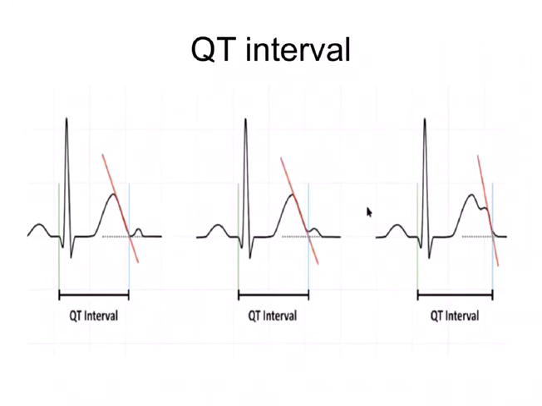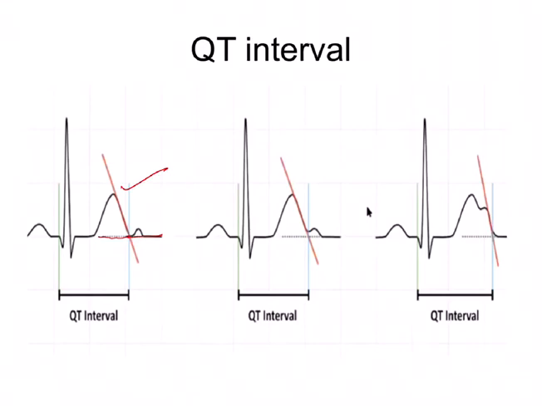Let us discuss the QT interval. We should be very much aware that QT interval prolongation causes arrhythmias, and at times it can also cause sudden death. How is the QT interval measured? We have to draw a tangent, a sloping line, from the T wave to the baseline, and extend the isoelectric line or baseline.